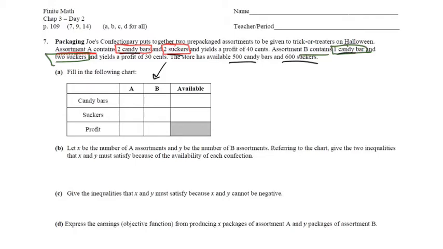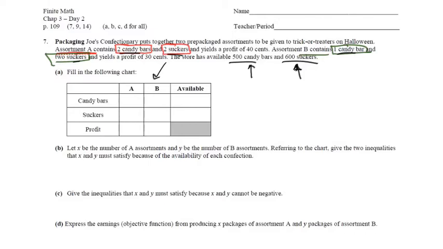And remember, we have a finite amount of resources here, right? We only have so many candy bars. In fact, there's more suckers in our supply for this company. So what happens is there turns out to be a nice balance somewhere between how many assortment A's you should sell and how many of the assortment B candies you should sell. That will maximize the profit for Joe's Confectionery here.